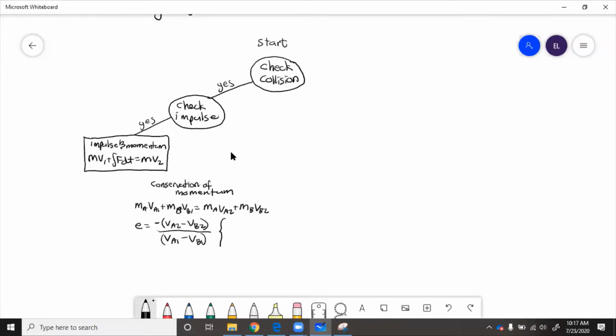And we remember that e can either be 0 for a plastic collision, when the objects stick together. It can be 1 for an elastic collision, which is when energy is conserved, or if it's something in between, that's inelastic. So there's rebound, but it's not a great rebound.